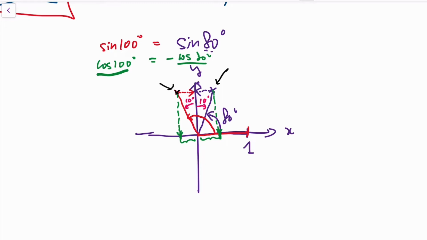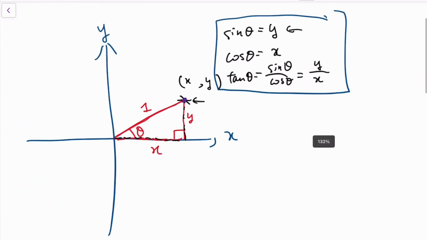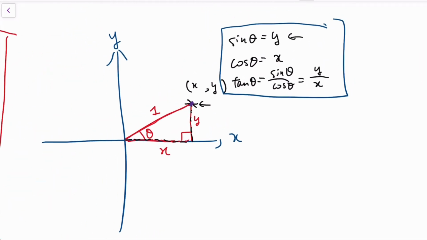Now it might be the first thing that starts to be confusing, the fact that a trigonometric ratio could be negative. This might be new. So the idea is cosine 100 will have to be negative, simply because by this new definition, cosine is the x coordinate of this point.